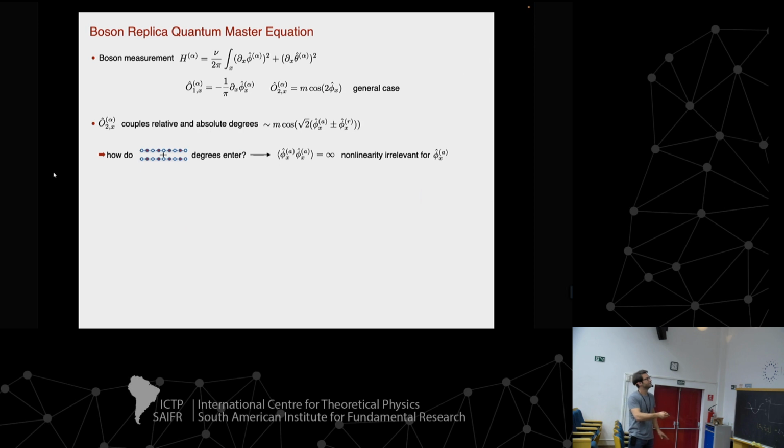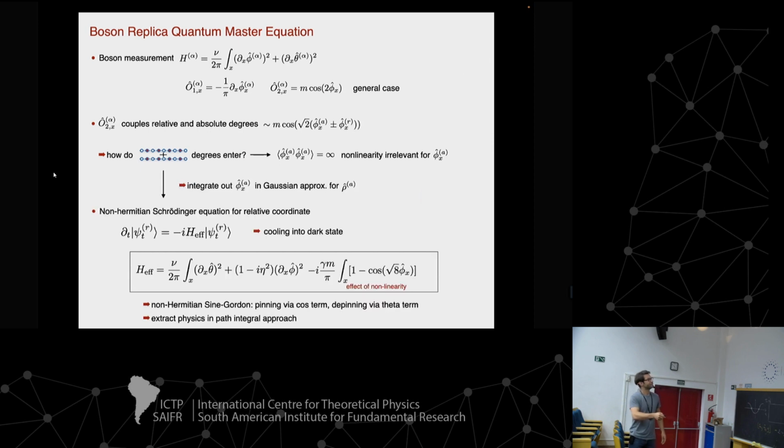Let's not go into all details, but the outcome of this construction is that there is a weak coupling between this average mode, which heats up, and this relative mode, which cools down, but in such a way that we can totally integrate out the average mode. The result is then an effective non-Hermitian Hamiltonian, the one I discussed previously. But then there's also this nonlinearity popping up in this problem.